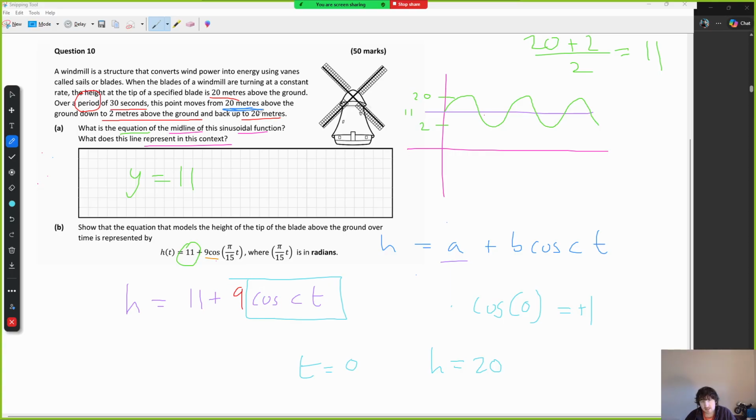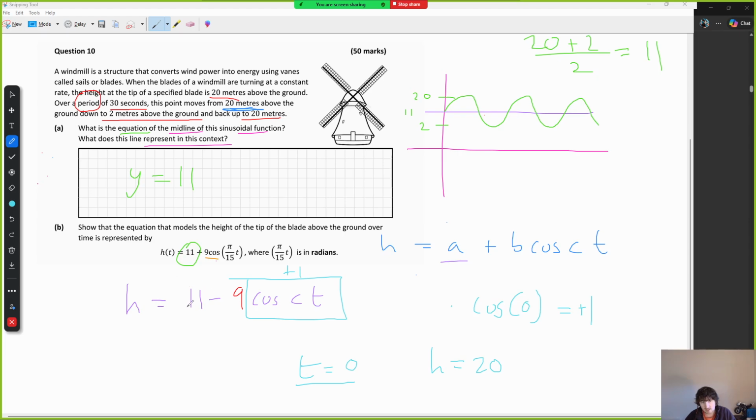If they said the blade started at the 2-meter height, this here would have to be a negative, because we'd want the -9 to take away from an 11 to start at the 2-meter height for t equals 0. Because when t is 0, this thing is always going to give a +1 value.